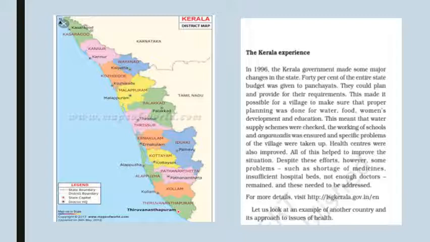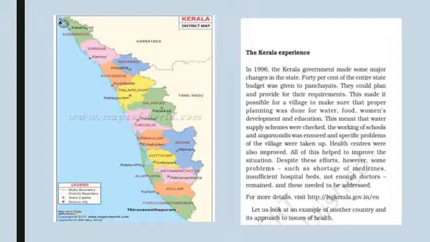I think you have also learned that in Kerala, the number of literate people is comparatively more than in other parts of India. In 1996, the government of the state of Kerala gave 40% of its budget to the rural panchayats and the freedom to claim and provide for the needs in their villages.